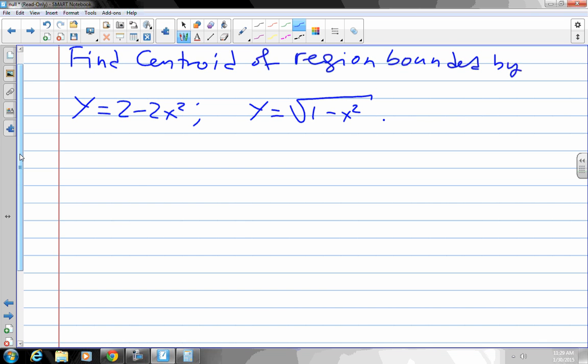Now we have to get a little creative on this problem, hopefully. What is that second function, y equals square root of 1 minus x squared? Hey, it's a semicircle, right? It's between -1 and 1, and then 1 here. So it's half a circle.